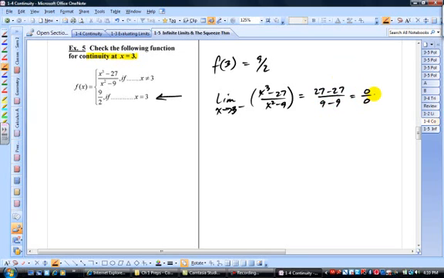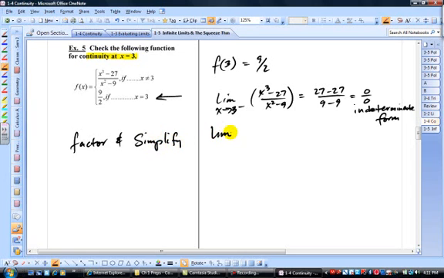That's indeterminate. We should probably factor this and simplify it to see what's going on so we can evaluate it. Okay, because this is an indeterminate form, and you can't divide by 0, what you want to do here is factor the function and simplify it in order to evaluate the limit.